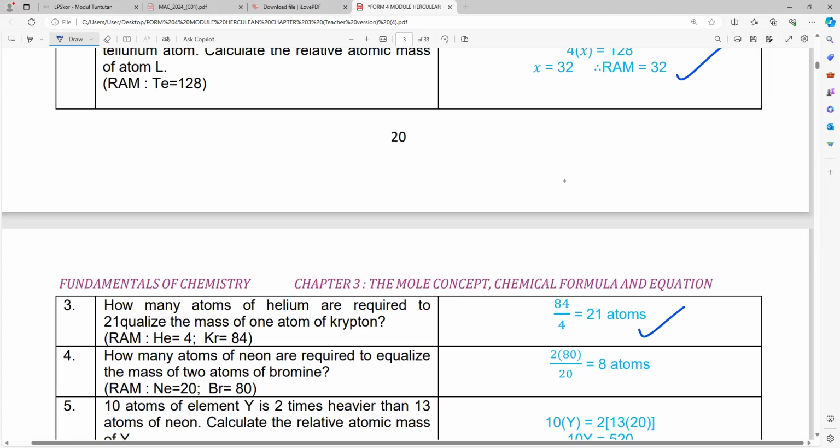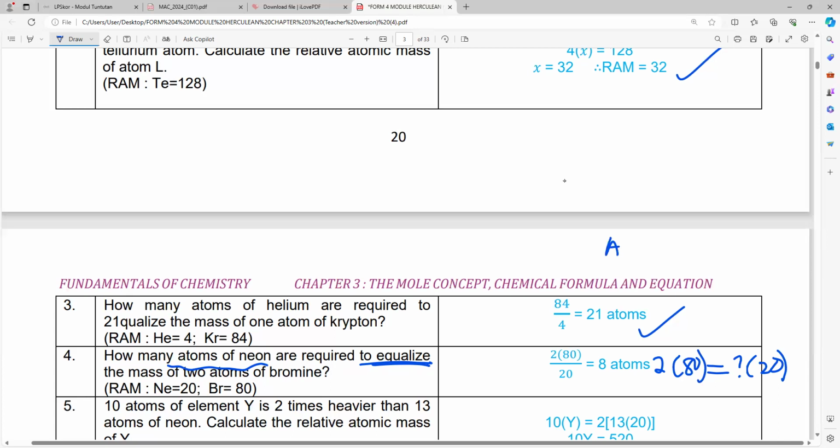Okay, how many atoms of neon are required to equal the mass of 2 atoms of bromine? Bromine's mass is 80, equals how many atoms of neon? Neon is 20. Some of you will be thinking, teacher, I don't know what working you are doing, so let me help you.